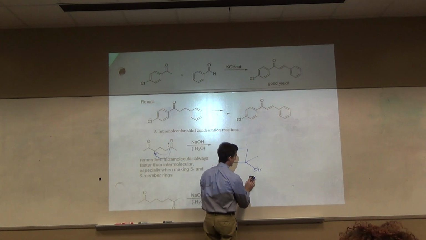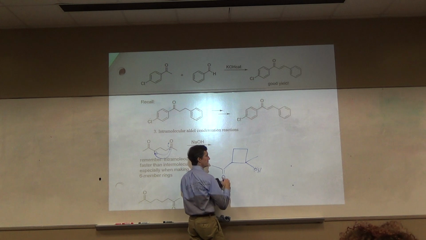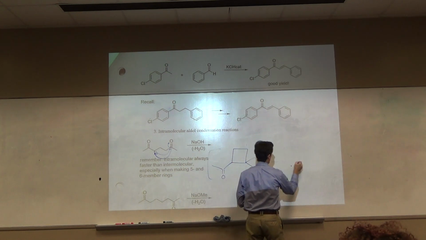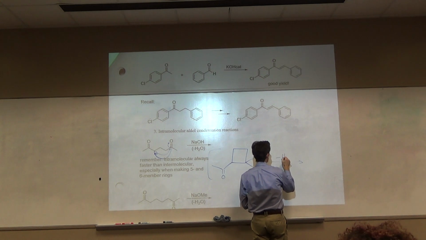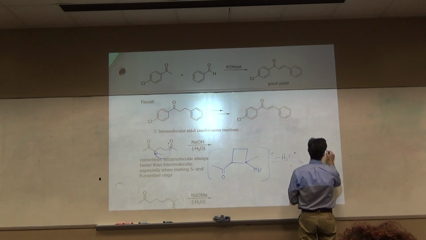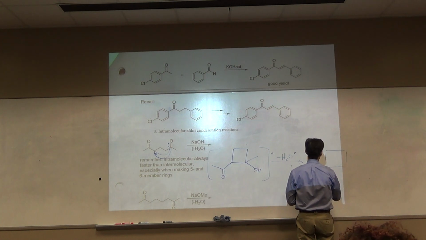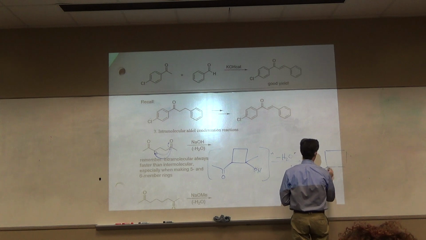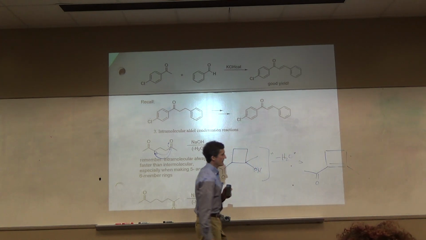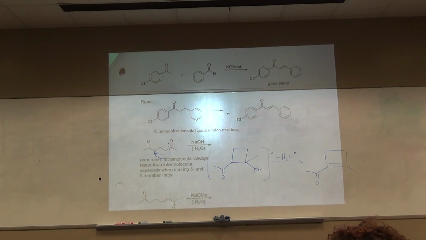If you look at the aldol reaction, we then eliminate water to make the double bond here. Ultimately, it's going to lose H2O. And ultimately, the four-membered ring we're going to get is going to look like that there. How do we do? Is that what you got?